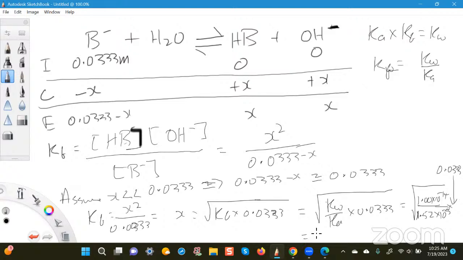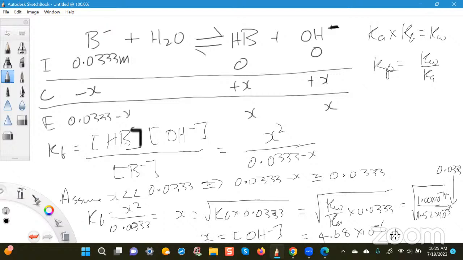And then we work this out. According to my calculations, X works out to be equal to 4.68 times 10 to the minus 6. All right? So that is X, which is also equal to the concentration of OH minus.